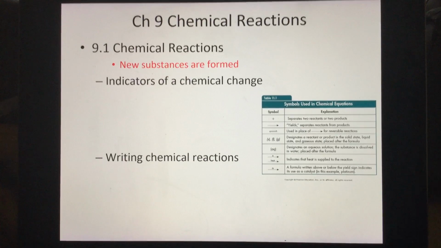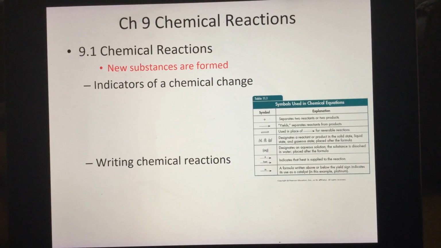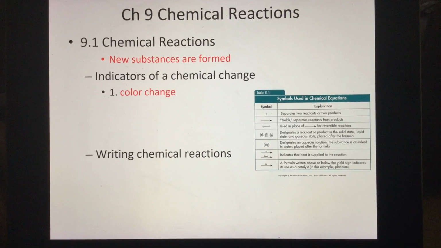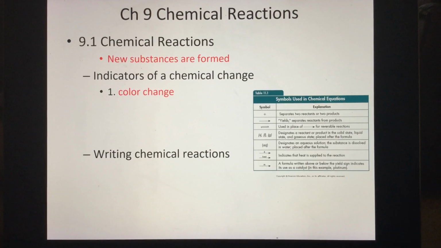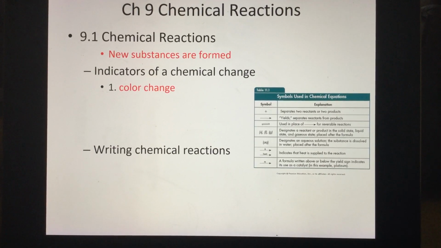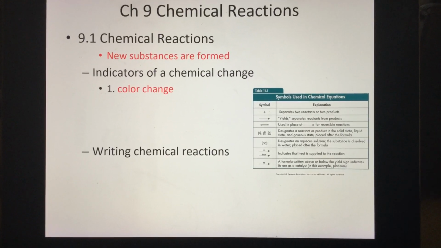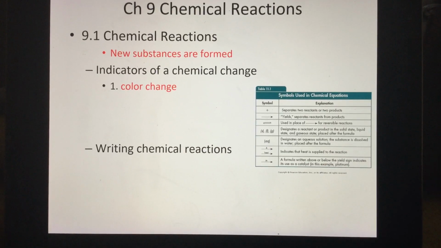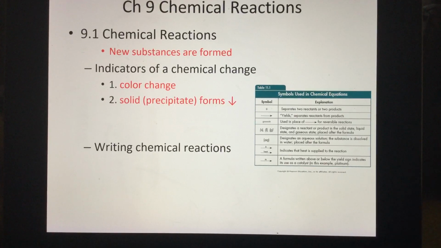And as you've seen with some of our labs, there are a few different things that can indicate a chemical change. One of those is if we have a color change, and unfortunately if we are in person, I have some demos for you, but I'll show you those next time as we go through this chapter, when we talk about other specific reactions. So you'll still get to see the demos that we do.